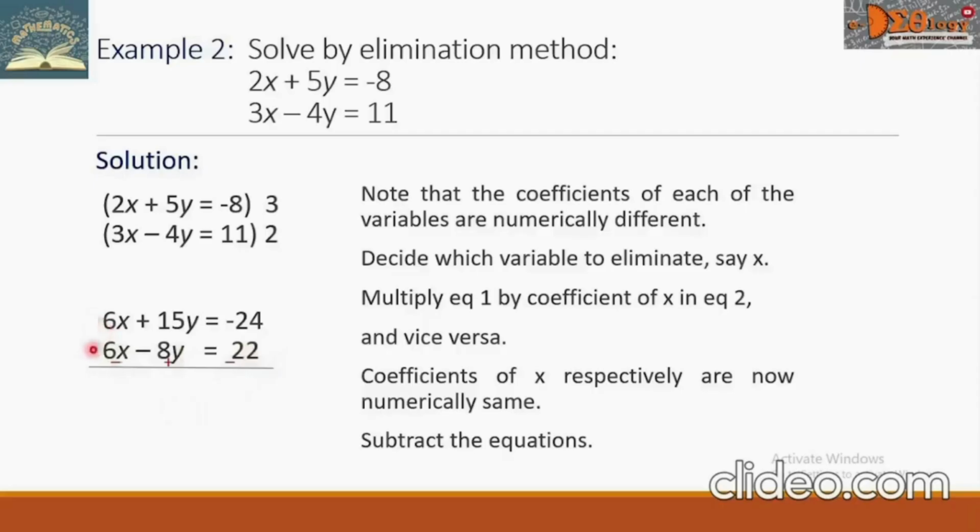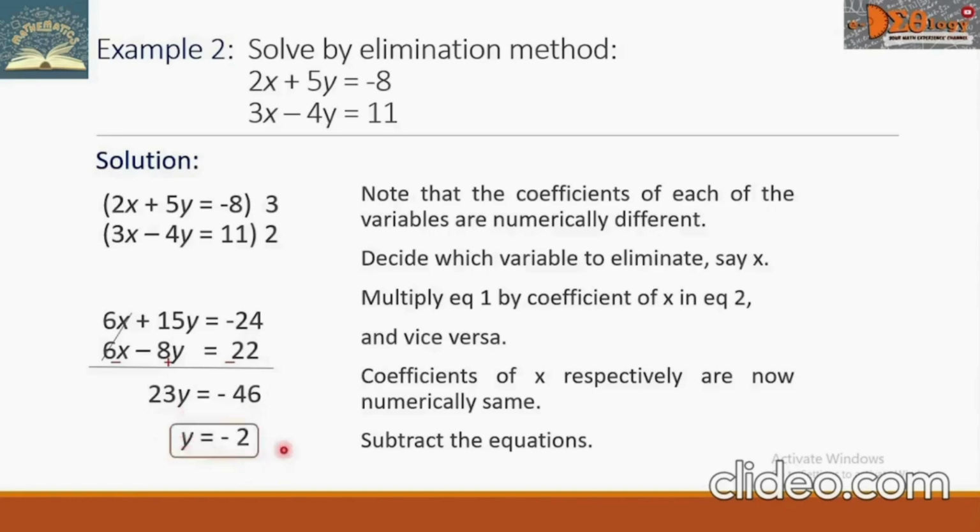6x plus negative 6x is cancelled. 15y plus 8y is 23y. Negative 24 plus negative 22 is negative 46. And we want to get the value of y, we divide the equation by 23. So y equals negative 2.